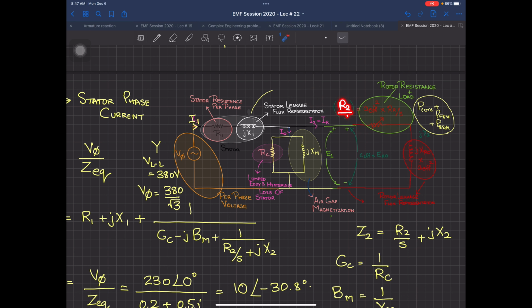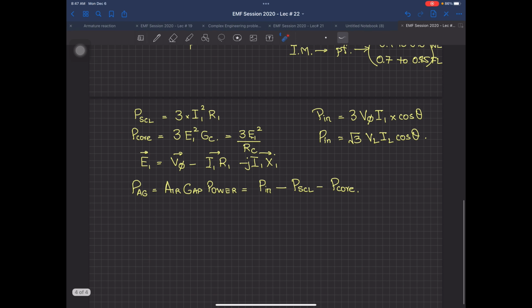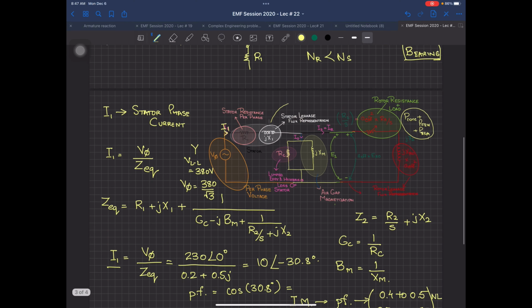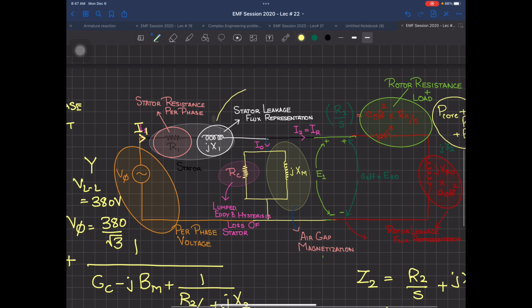That resistance value is R2 by S. So now I can write down my air gap power equal to 3 times I2 square R2 by S. Remember, this is not I1, this is I2. This is very important because this one was I1, the current flowing over there. This one is I2 or IR, you can take any of these two terms, and this one is I0.